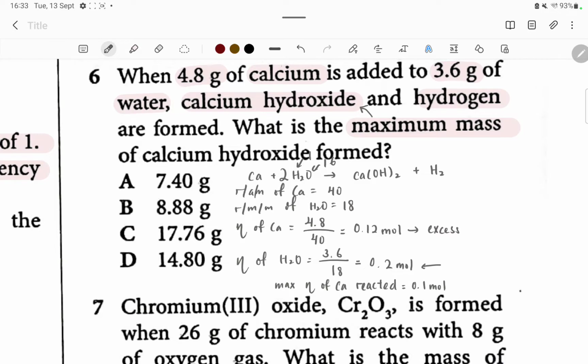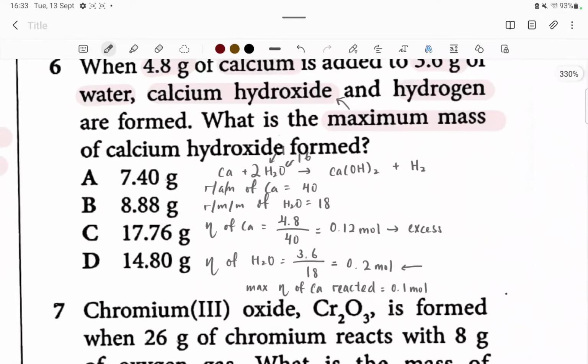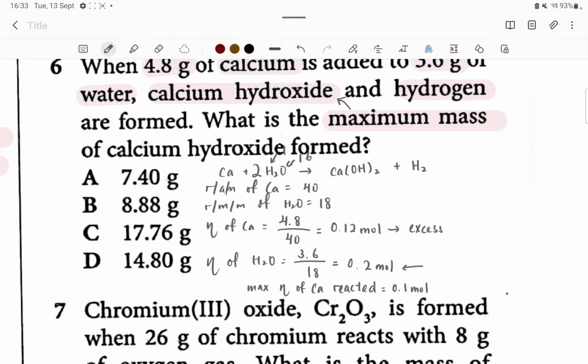Okay, and then after that we have to do this kind of thing called the mole ratio. So calcium to calcium hydroxide, this one is 1 mole to 1 mole, and then in this case it's 0.1.